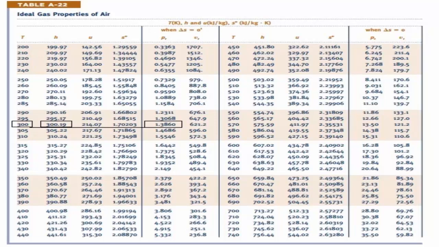As you can see, at this temperature, the enthalpy is 300.19 kilojoules per kilogram, and the relative pressure is 1.3860. Now we will use all of these values to find the second enthalpy.